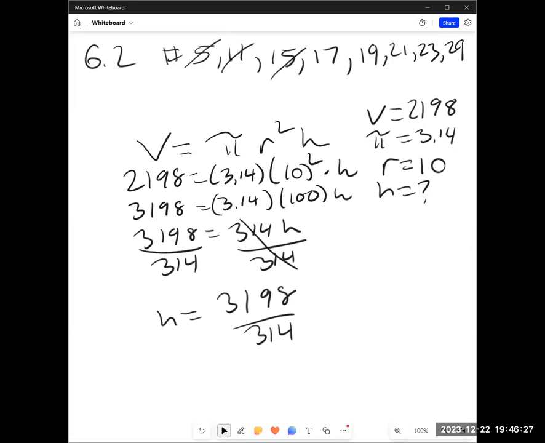See if that reduces at all. And this is an approximation because we approximated pi. So this is about 1599 over 157. That's if I divided both of those numbers by 2. And that's my exact answer. We're not told to round, so we will leave it just like that.